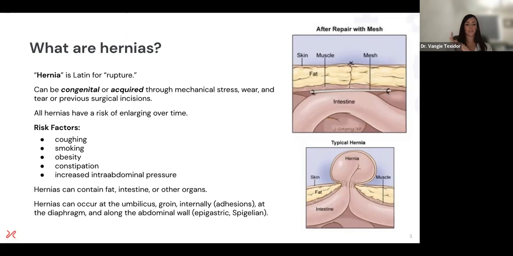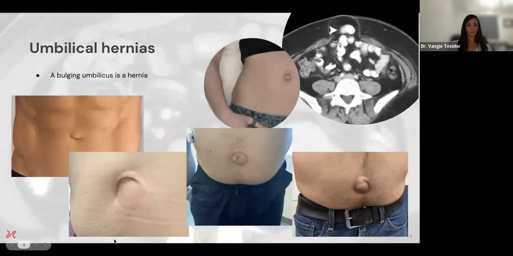And that can lead to a small bowel obstruction. We can get them also at the diaphragm. A lot of those can be congenital, by the esophagus. Sometimes they can also be from a previous trauma. And in the abdominal wall, higher than the belly button, epigastric ones, and incisional, like we mentioned.